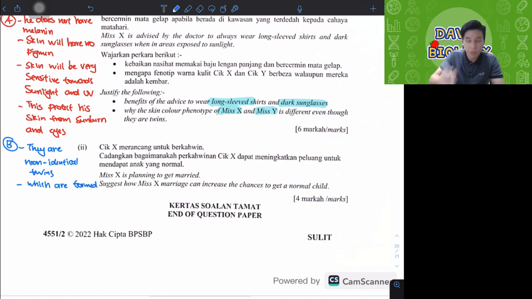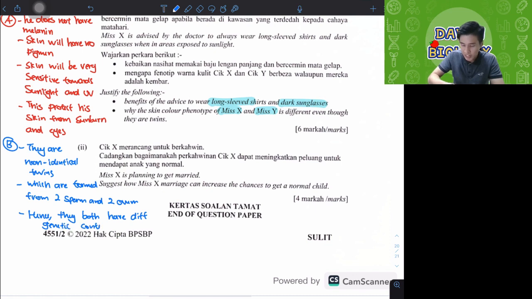So a bit different topic punya explanation, chapter 4, form 4, the twins, that part. So hence they both have different genetic content. Mereka mempunyai bahan genetik yang tidak sama lah.